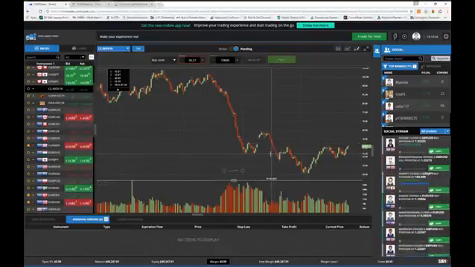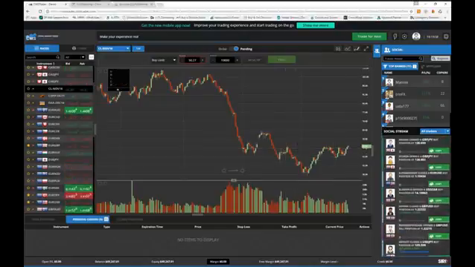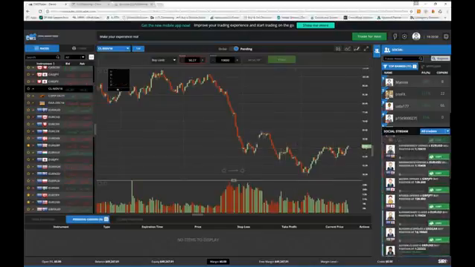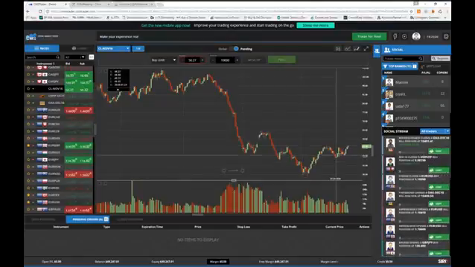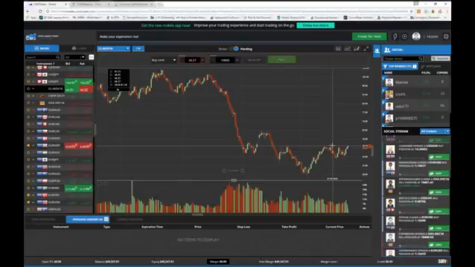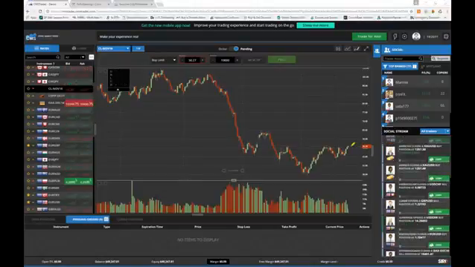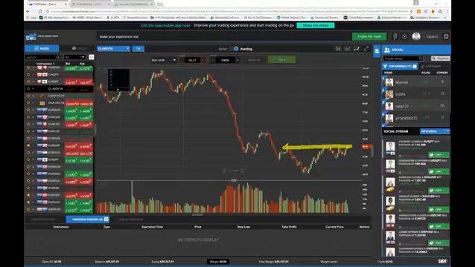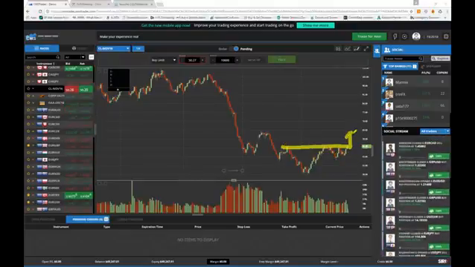On a weekly, this kind of looks like a W formation. And what this means is that if we break out through this level right here, okay, this market is going to take off.